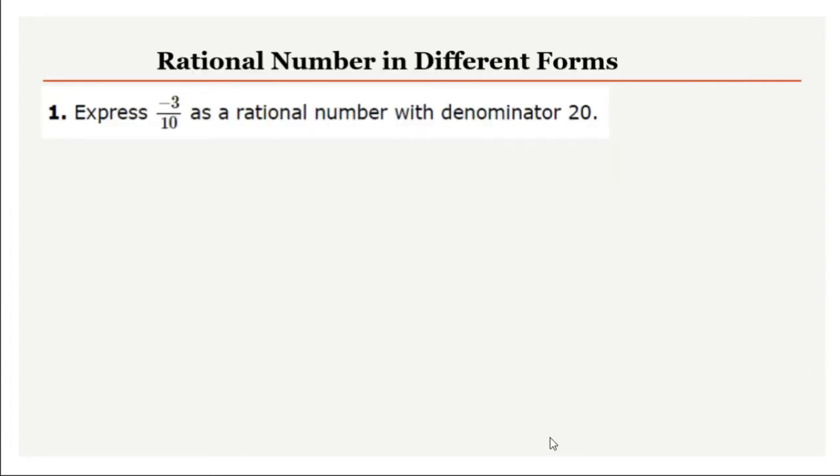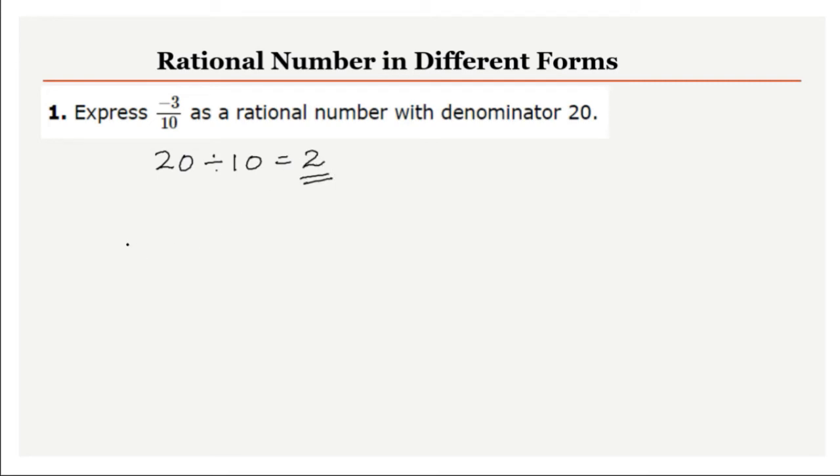We shall solve few more questions. Express negative 3 upon 10 as a rational number with the denominator 20. Now to express with the denominator 20, divide this 20 by 10. I get 2.